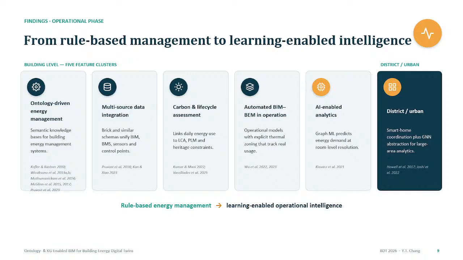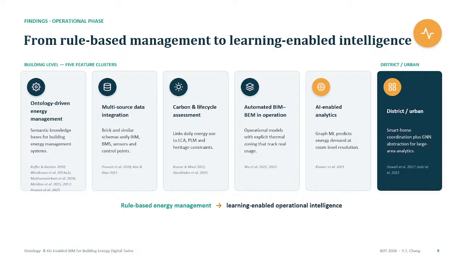And of course, a lot of linking different types of data, the IoT data. And turning the BIM model into a digital twin is also important in this phase, to get the actual operational data and feed it back to the BIM model and do better simulation and better operation.